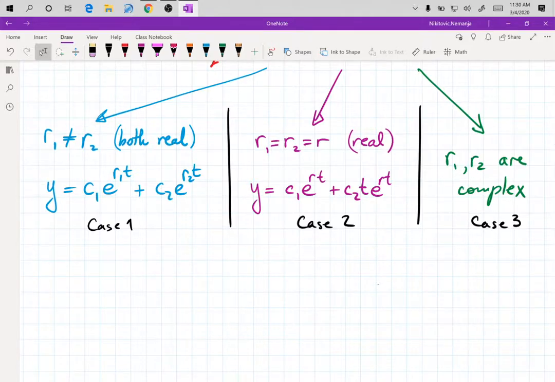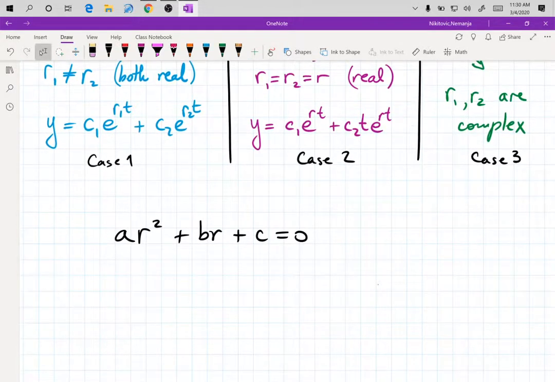Now, to solve the equation a r squared plus b r plus c equals 0, if you are able to factor, go ahead and factor, and that's the fastest way to solve these things. But most of the time in differential equations, you will have to crank the quadratic formula.